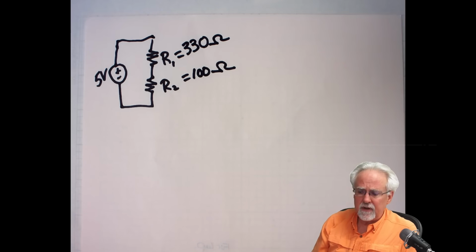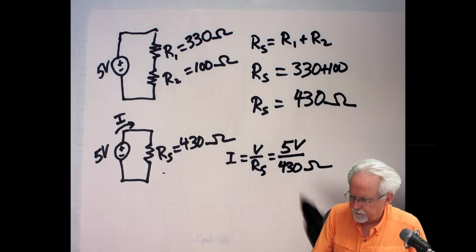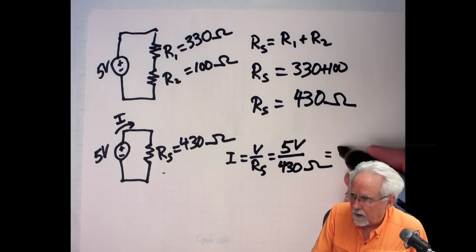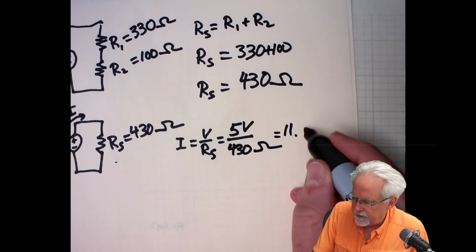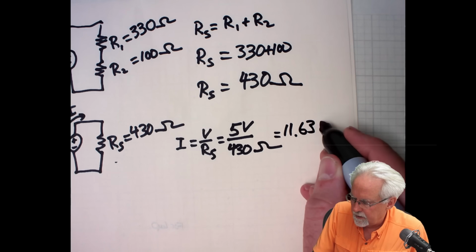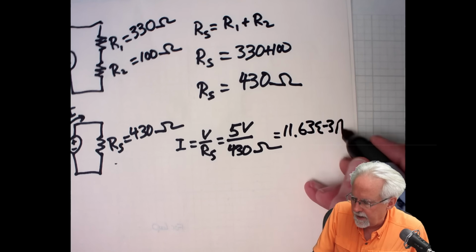And this would be our RS here. What is V? It is 5 volts divided by RS, which is 430 ohms. And so I have 5 divided by 430. That is equal to 11.63 e to the minus 3 amps.